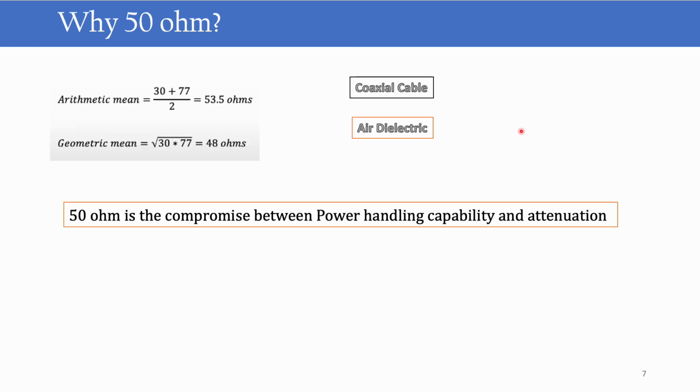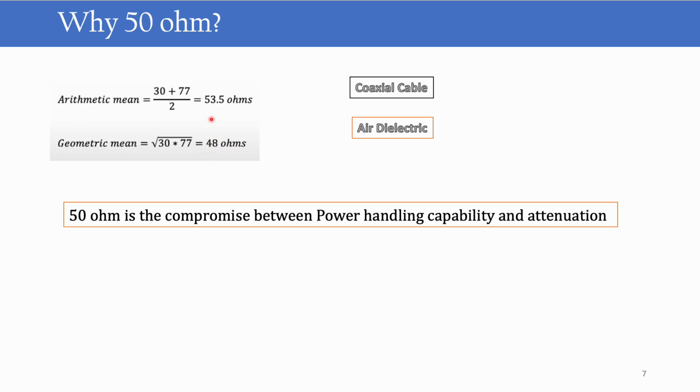So based on the derivations in the book, we got that 77 ohm is the characteristic impedance required for lower attenuation, and 30 ohm is the characteristic impedance required for better power handling capability. In general, when we consider the arithmetic mean of both these values, we get 53.5 ohm, and if we consider the geometric mean, it will be around 48 ohm.